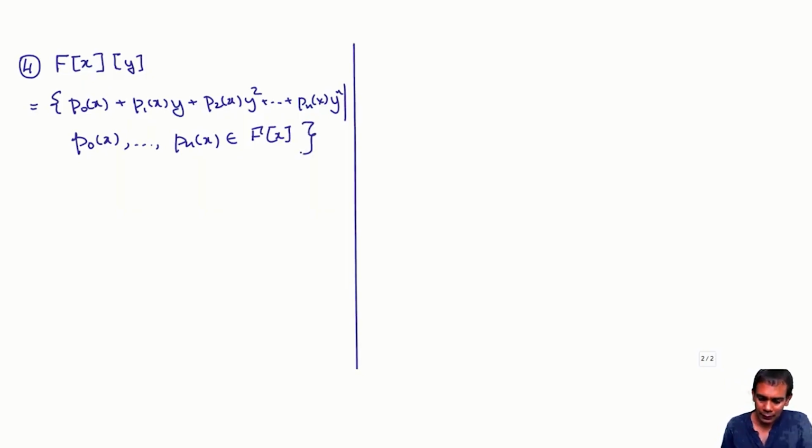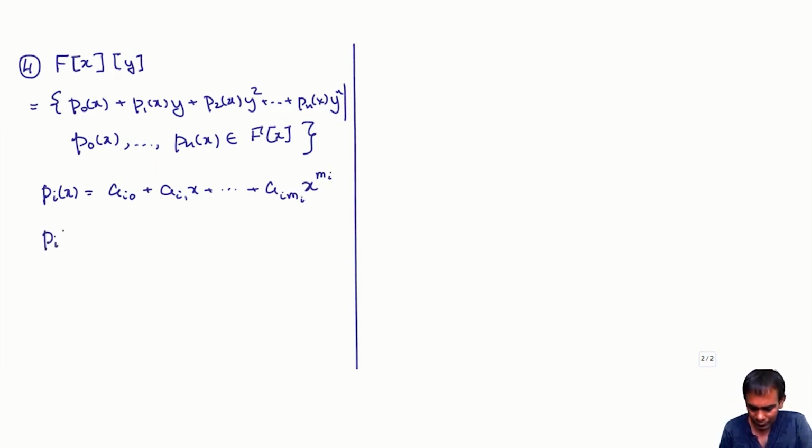And this is a ring, and then you can expand this out. So suppose pi(x) is equal to ai0 plus ai1 x plus and so on, let's say up to ai,mi x to the power mi.